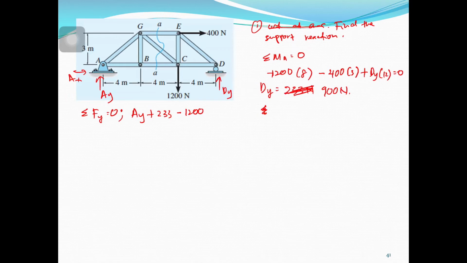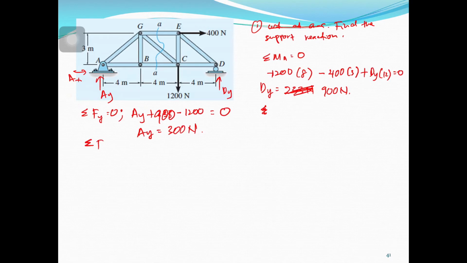So for AY, we go again with this one. Summation of Fy is equal to 0. AY plus 900 minus 1200 is equal to 0. So AY is 1200 minus 900, which is 300 Newton.